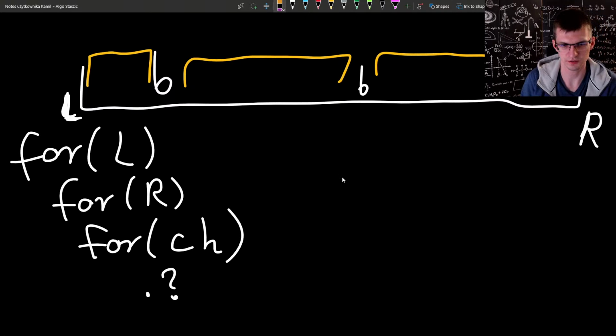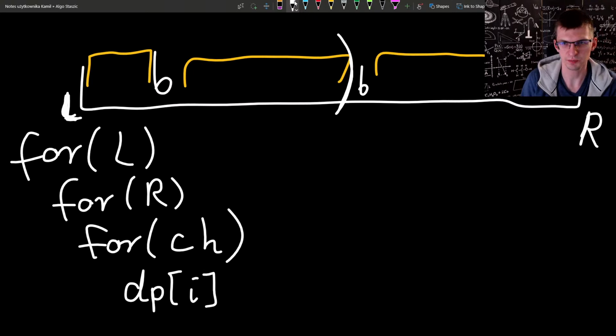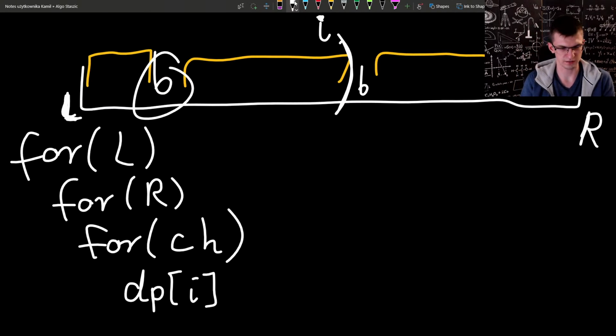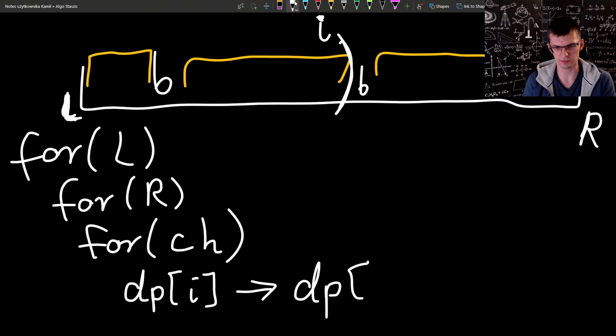I need to say that dp i is, up to position i, what's the best split into yellow intervals. And possibly some B's are outside. And we do here transitions from dp of i to some dp of future j with cost I know.